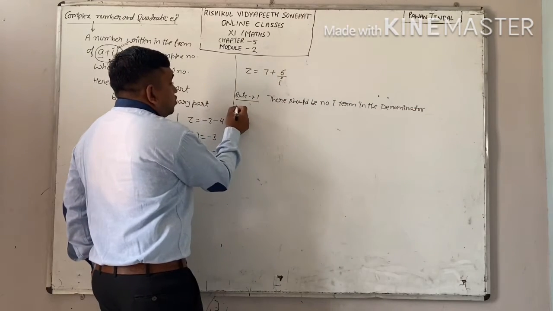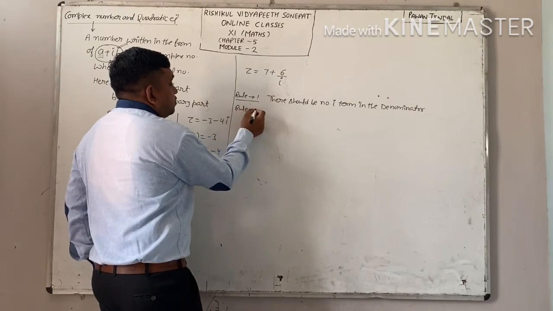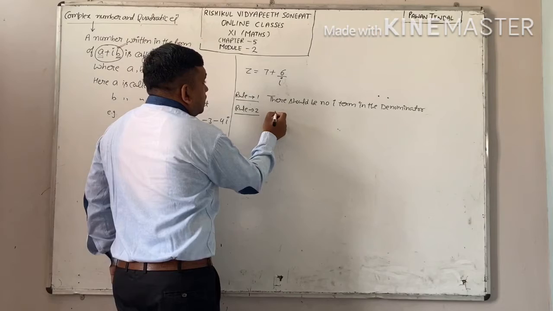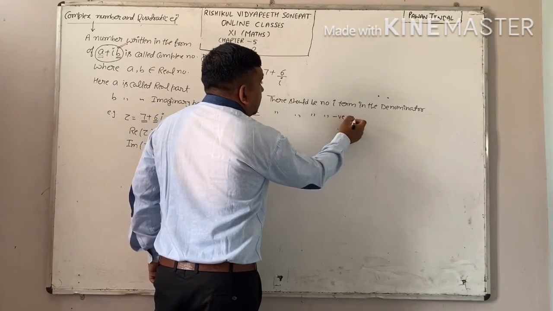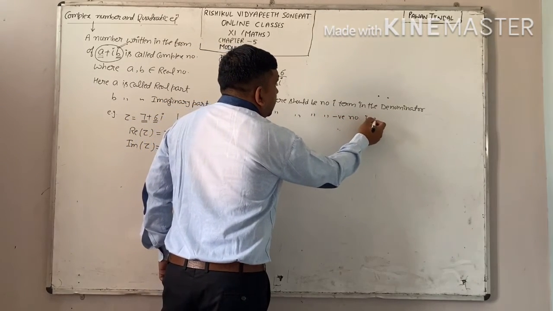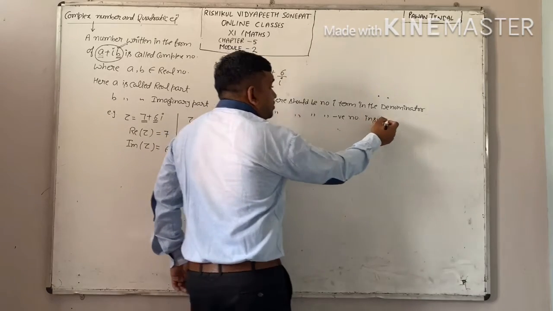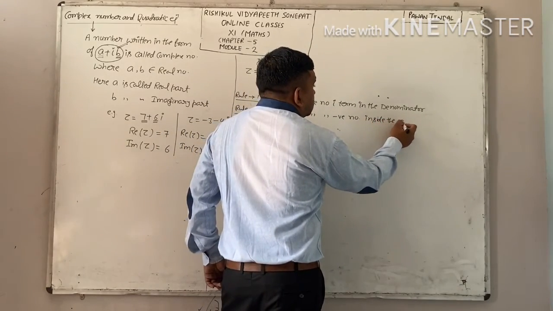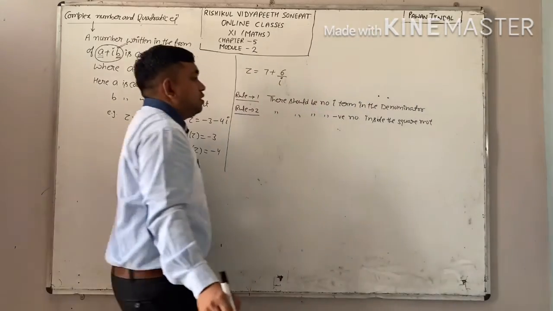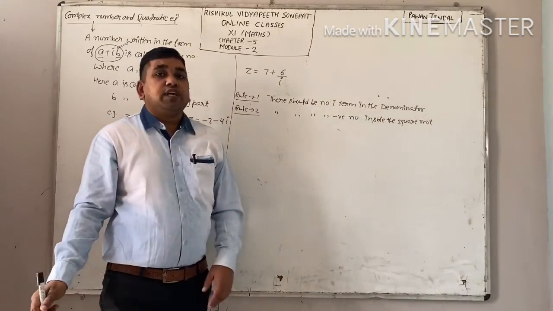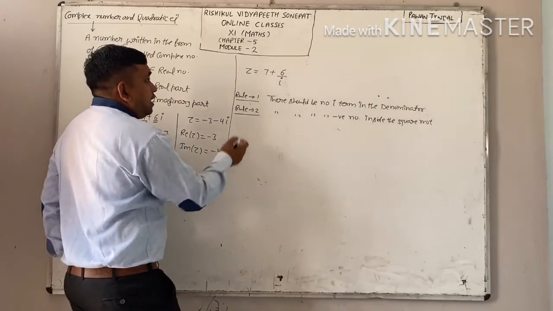Rule number 2. There should be no negative number inside the square root, because square root of negative number is not possible. First of all, you will remove that negative sign. Right?